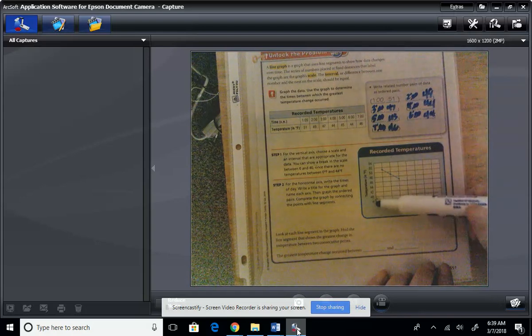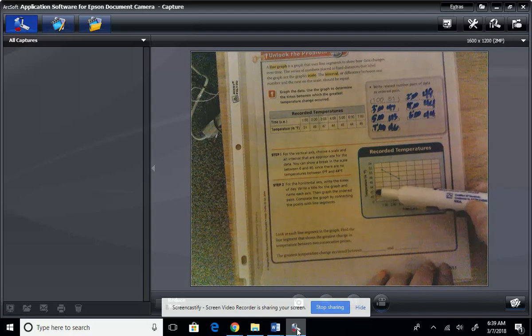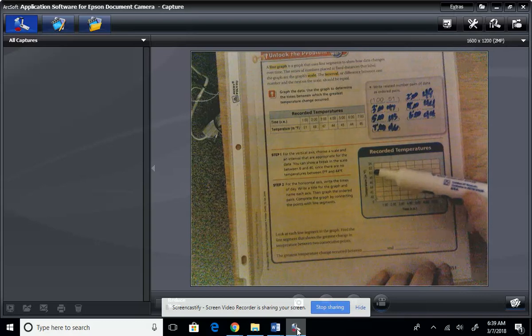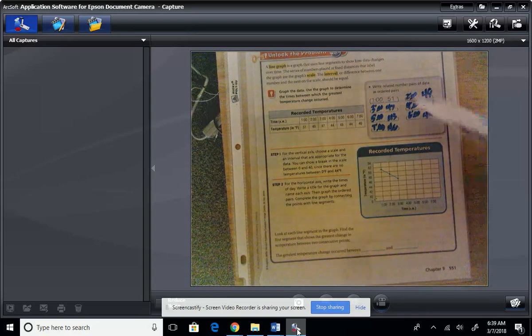If you notice, they just started at 0 and then the next jump was 40 because all of my numbers are in the 40s. So then they jumped by 2s: 42, 44, 46, 48, 50, 51, 52, 54.